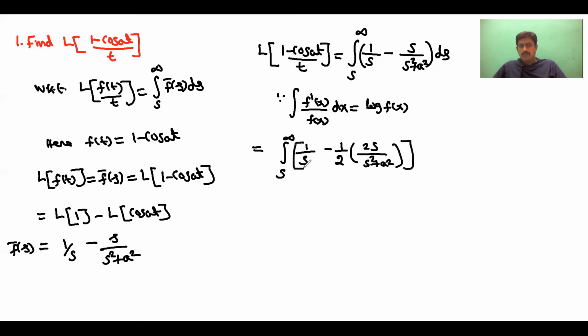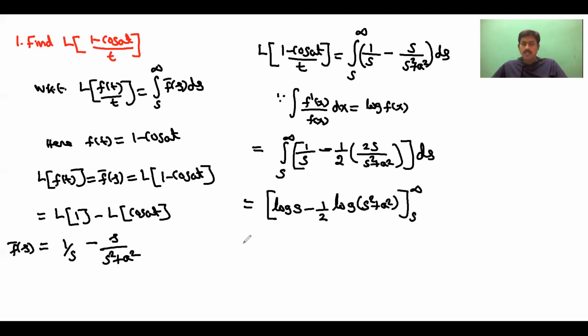Then only if you differentiate the denominator, you get the numerator. Now if you integrate, the first integral becomes log s minus 1 by 2 into the second integral, which becomes log of s square plus a square, with limit s to infinity.